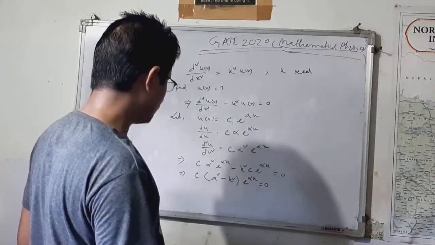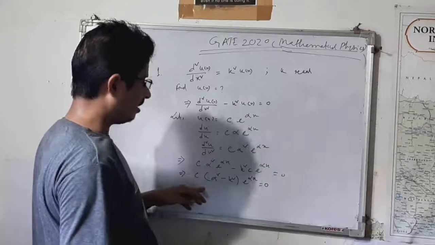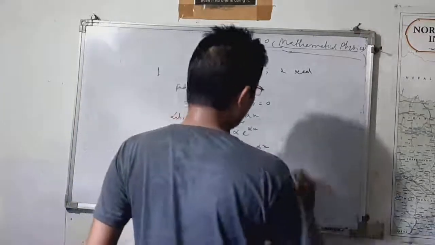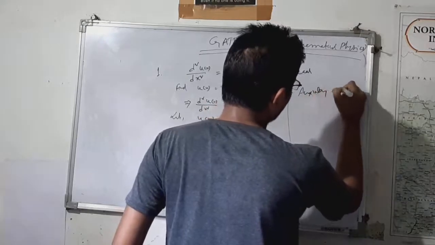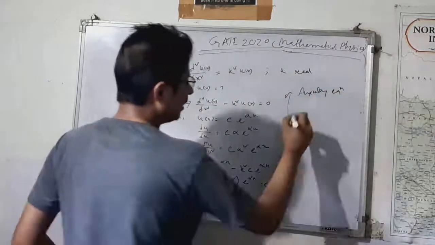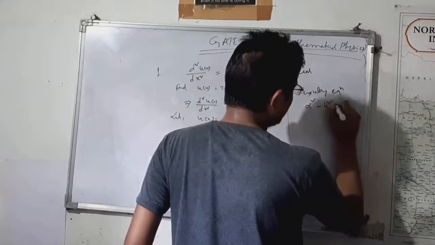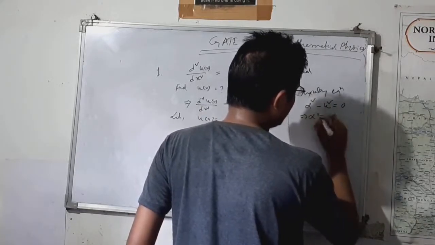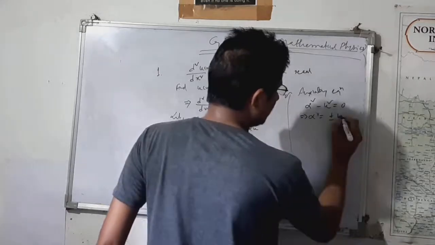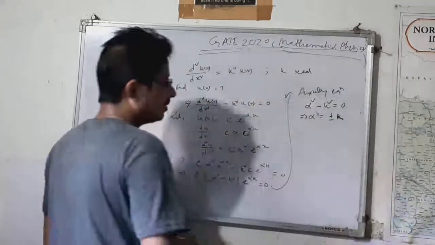So here the auxiliary equation is alpha square minus k square equal to 0. So alpha is equal to plus or minus k, and it has two different roots.